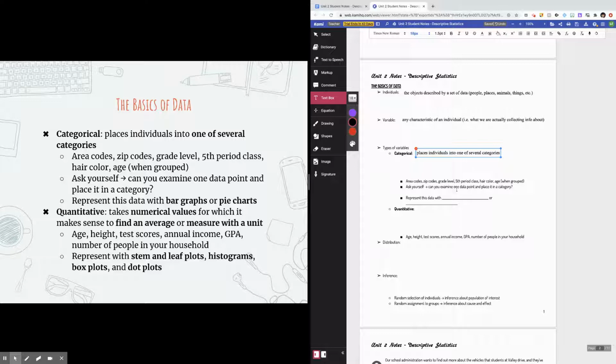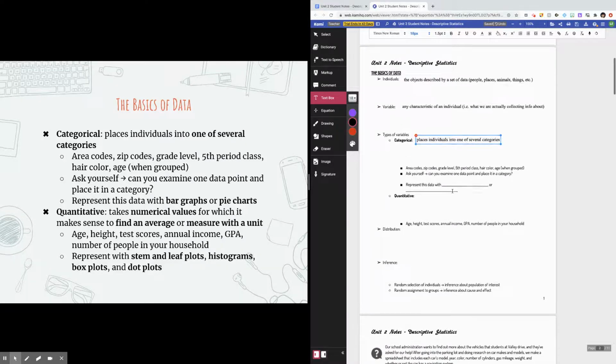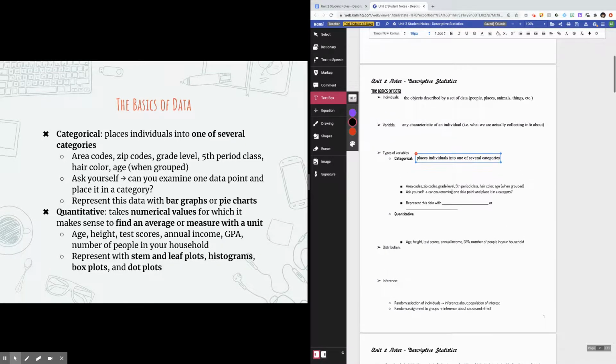Another good tip is you are dealing with categorical data if you're able to talk about the proportion or the percentages of individuals that fall in a particular category. Some examples would be zip codes, grade level, class period, hair color.